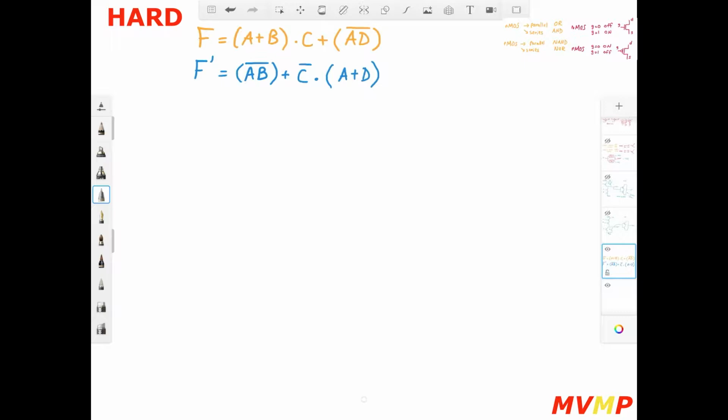So I like to always start up with the pull-up network, which is comprised of pMOS transistors. And we're going to go ahead and begin with that. So first we're going to go ahead and draw the A ANDed with B in parallel.